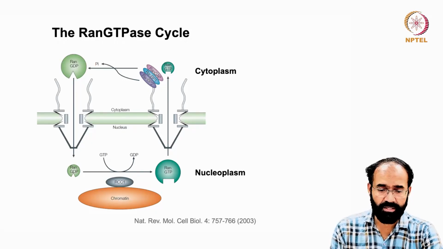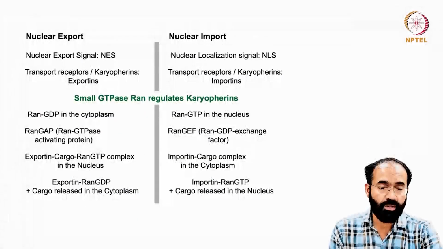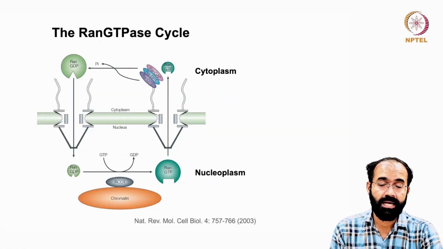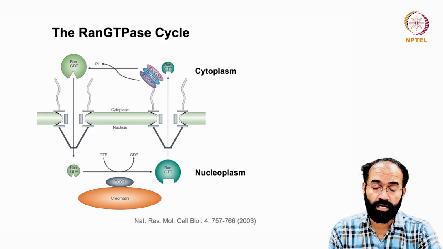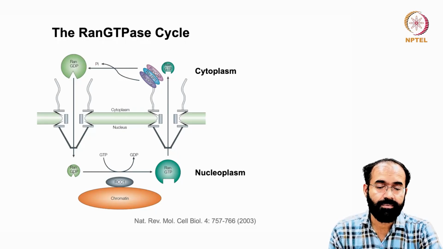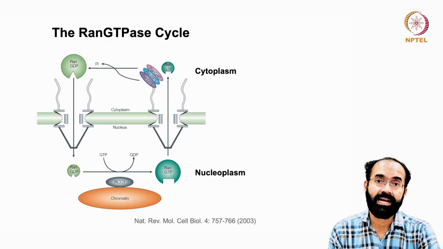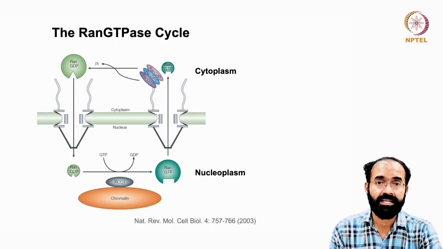We saw it in the previous slide. Here see, you have the RAN GTP export receptor cargo complex, that is in the nucleus. That will effectively be formed, and that will be pushed along with the cargo into the cytoplasm. Then this RAN GTP will be converted into RAN GDP with the help of a bunch of exchange factors, and again the RAN GDP concentration will be maintained.